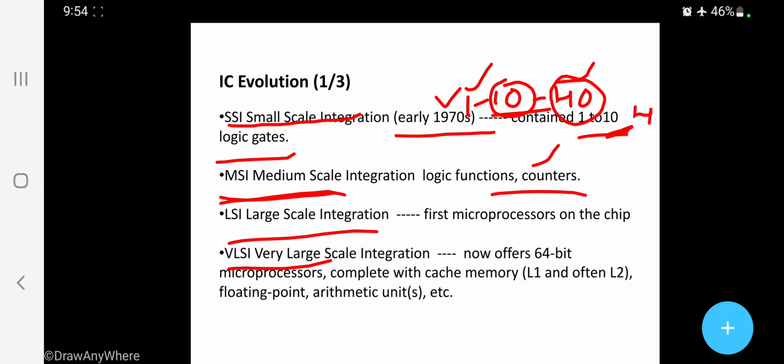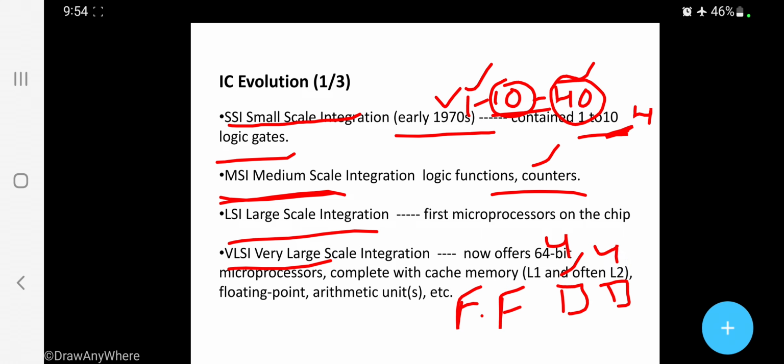A latch uses 2 NOR gates or 2 NAND gates. If you go for master slave, more logic gates are required. Each logic gate has 4 transistors, so 2 logic gates means 8 transistors.